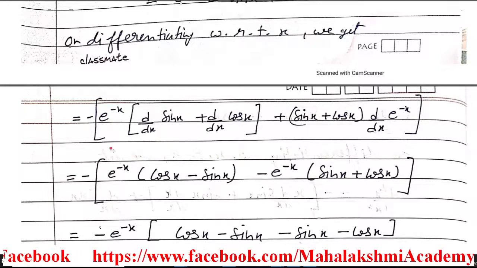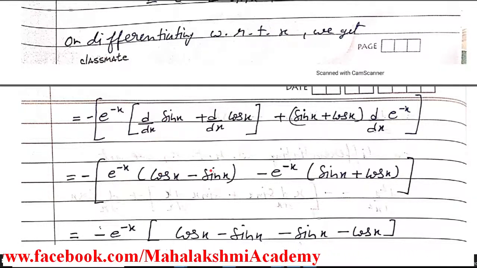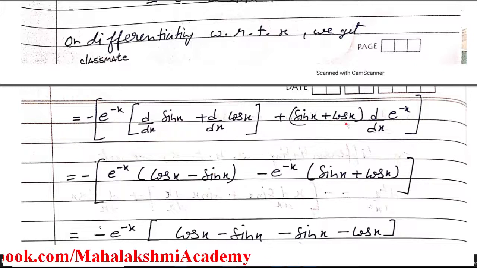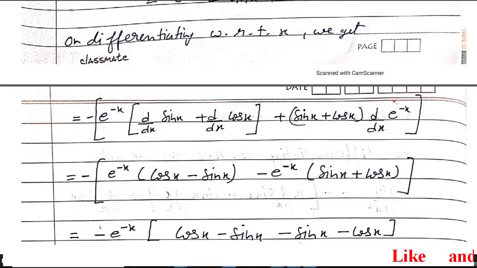This e to the power minus x as it is. When we differentiate sin, we will obtain cos, and cos differentiation is minus sin x. And here, when we differentiate e to the power minus x, we will obtain minus e to the power minus x, because e to the power x differentiation is the same. But when we differentiate minus x, we will get minus sign again because of chain rule. That's why it came. Now this bracket as it is.